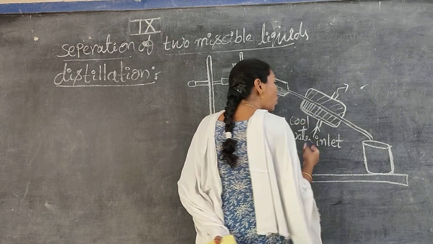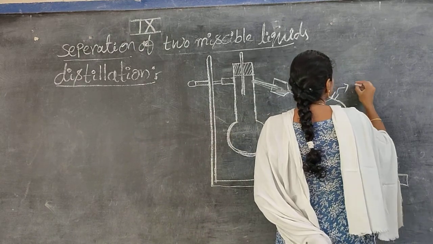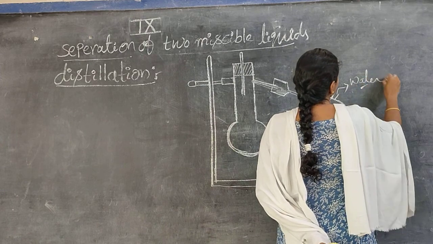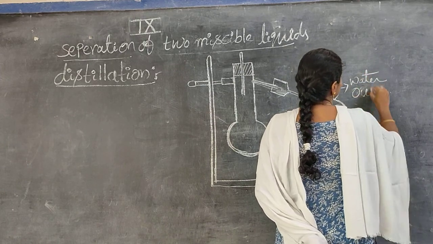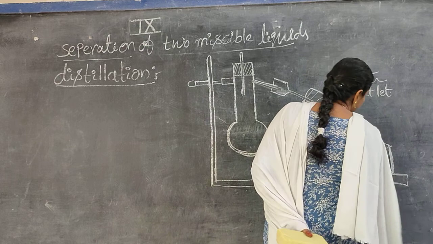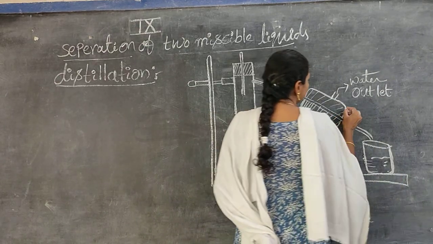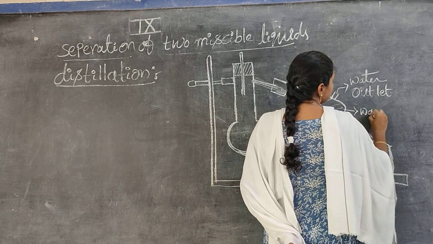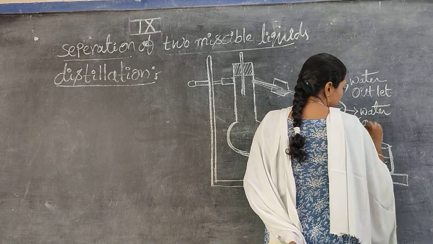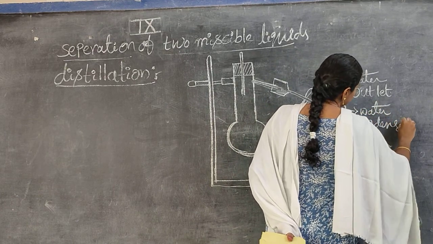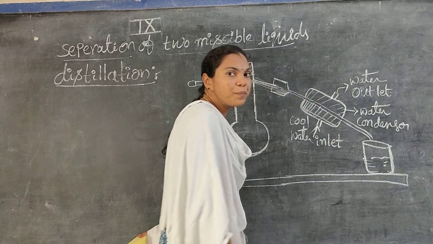Cool water or cold water. Here the water outlet. It is a beaker. It is the water condenser.